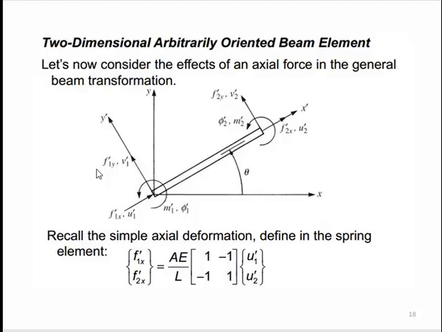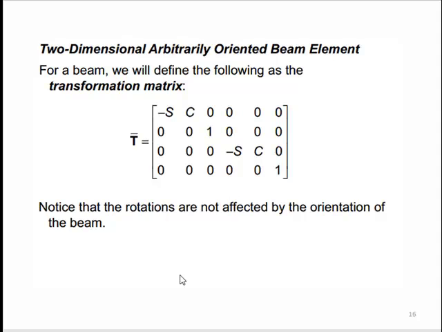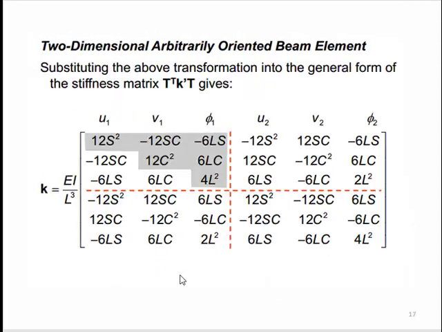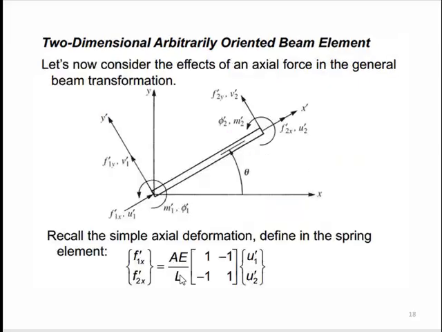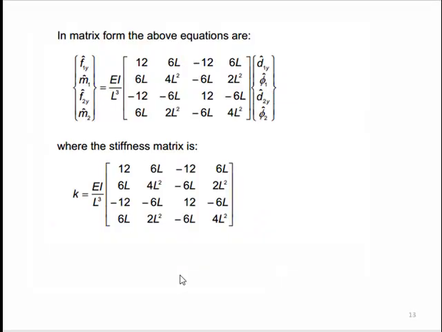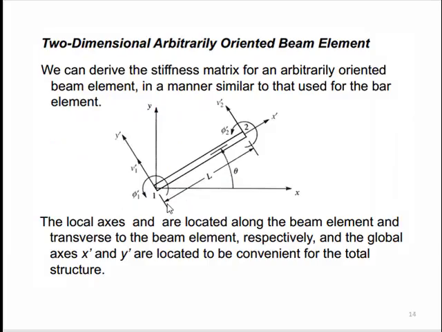For example, here outside of the bracket we have AE over L, whereas in this case, wait a minute, yeah, in this case we have EI over L cube. So we cannot just combine these two matrices directly. So what we have done here is taken these coefficients inside of the bracket so that we can combine these matrices together.